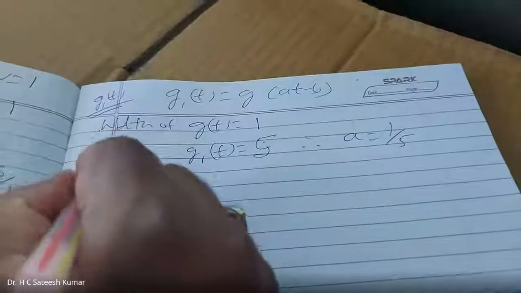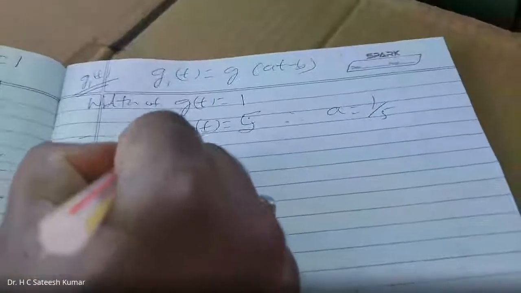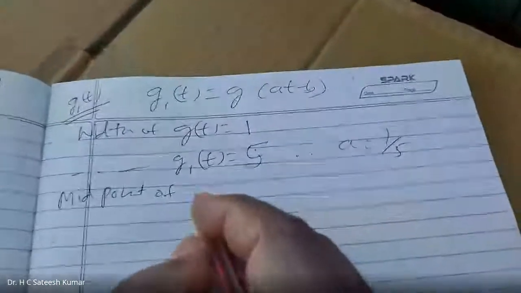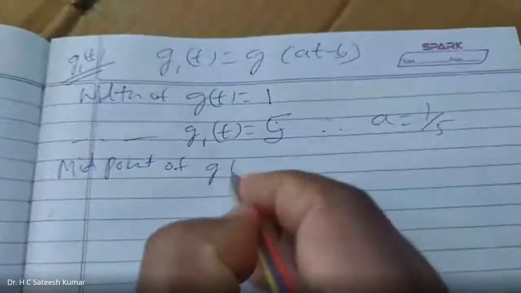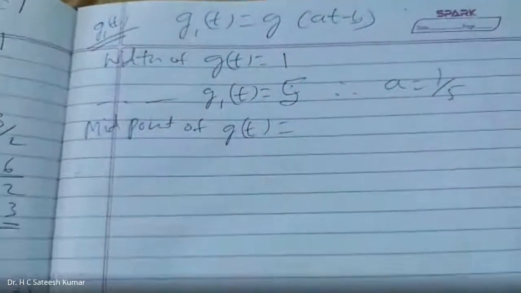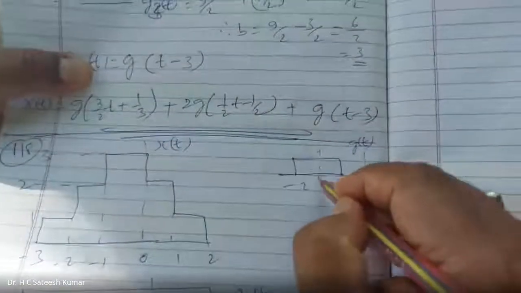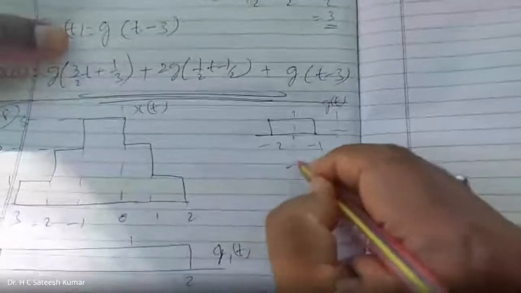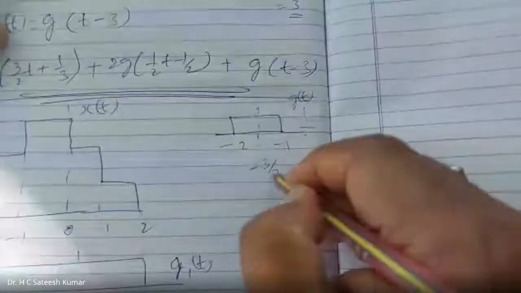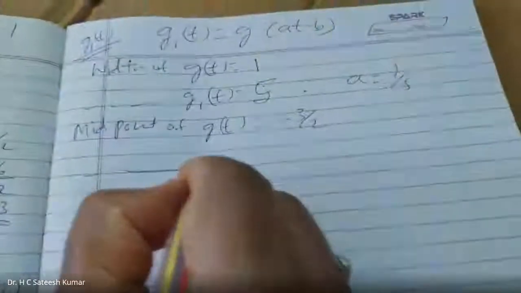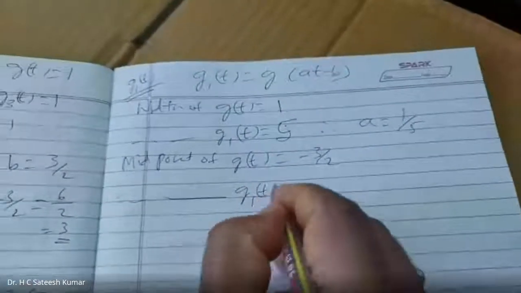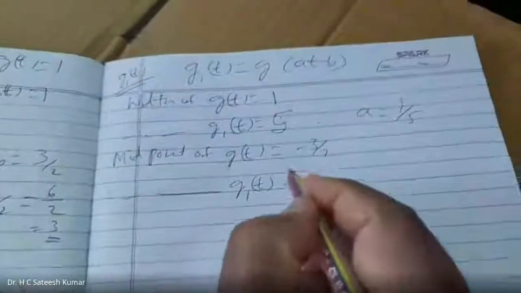Next, midpoint of g of t. What is the midpoint here? So this is the midpoint: -3 by 2, which is -1.5.